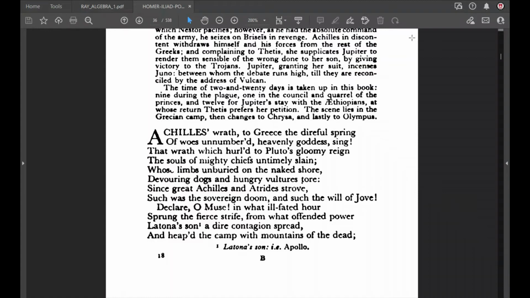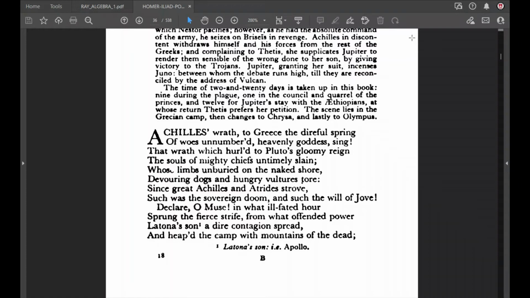We'll stop there for a minute. The subject of this poem is Achilles' wrath. That's what this whole book is about. So if someone asked you, what is Homer's Iliad about? It's about the wrath of Achilles.